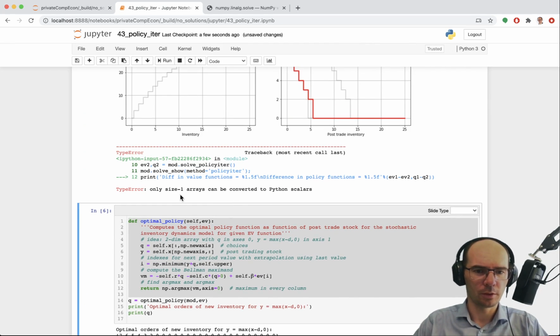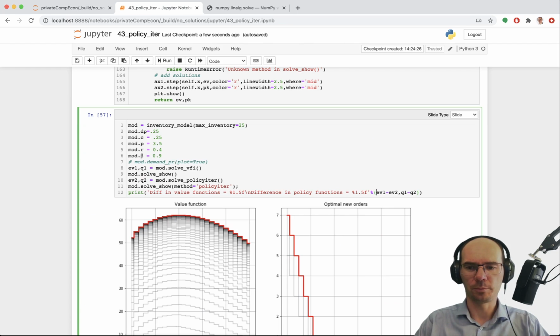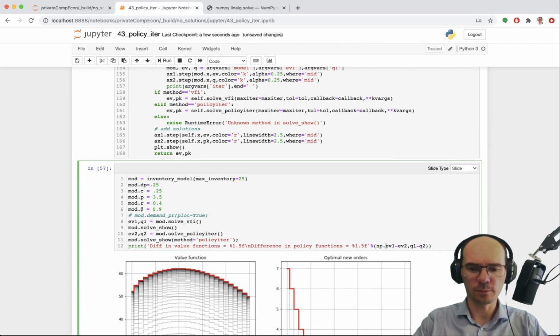Something's wrong. Only size 1 arrays can be converted to Python scalars. Yeah. np.max, amax. Let's look at the maximum difference.